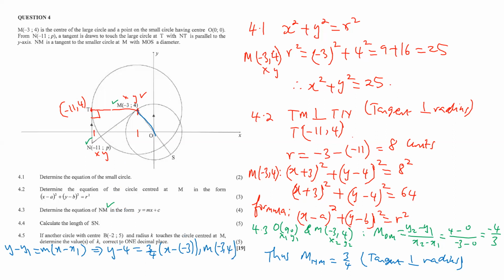Right, upon further simplification of this, it's clear therefore that y is equal to 3 over 4 x plus 25 over 4. So that is the equation there. So in other words, we just finished off 4.3.